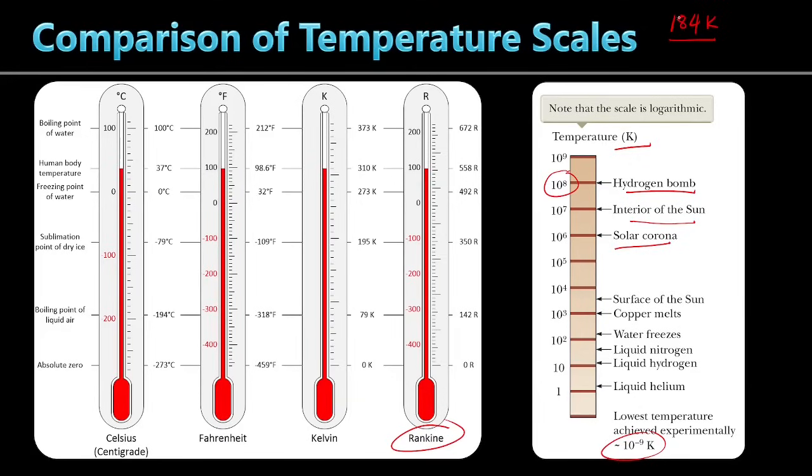Panahon siguro ng last ice age pa 'yon nangyari. But in modern times, yung na-record natin at nailagay sa mga libro, ito, 184 kelvins, and this was recorded in a place in Antarctica, at the Soviet Vostok Station 1 in Antarctica.